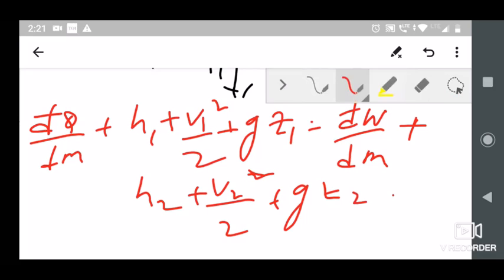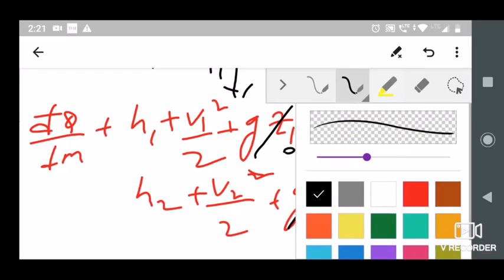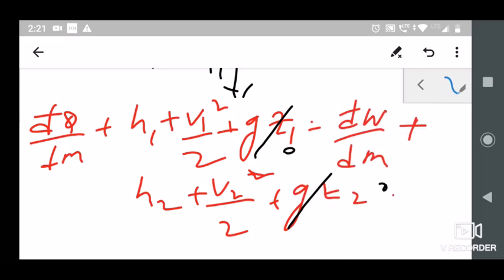So this is the formula, and as you know, potential energy changes are neglected. Next, let's directly substitute the values to calculate.